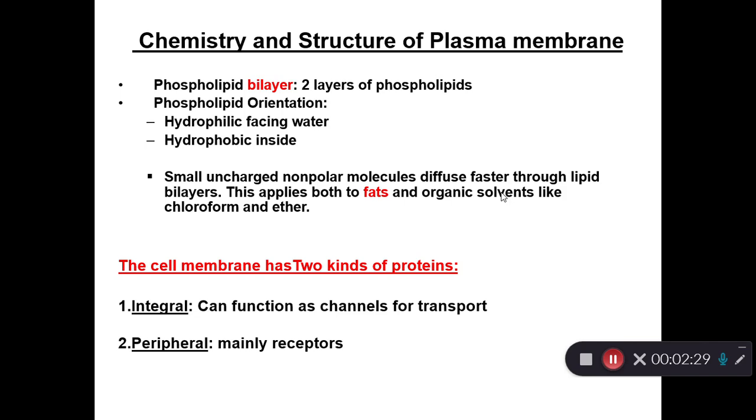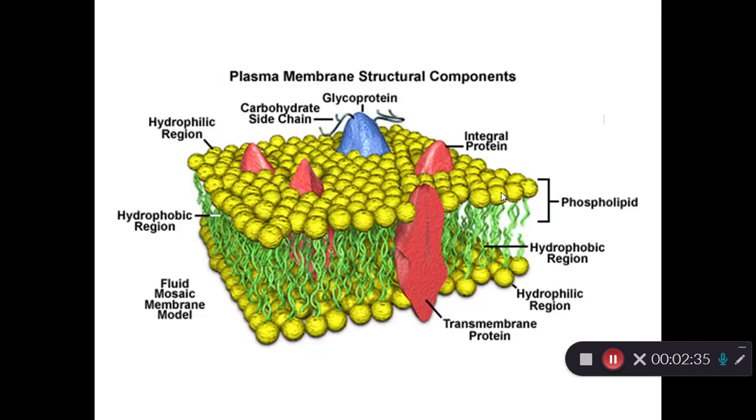If you look at the cell membrane, it has phospholipid bilayer. So two layers of phospholipids. And the phospholipid has a specific orientation. So there are heads and tails. The phospholipid heads are facing the exterior.